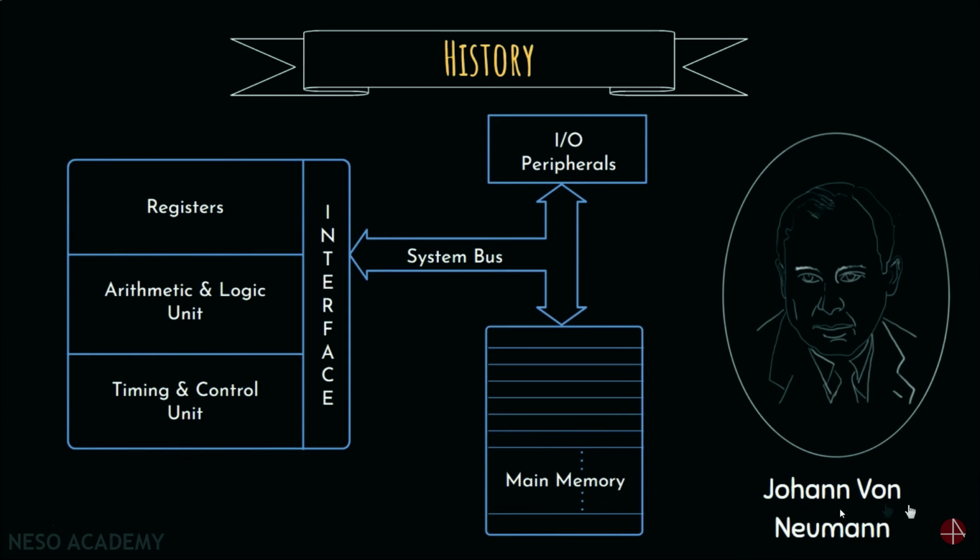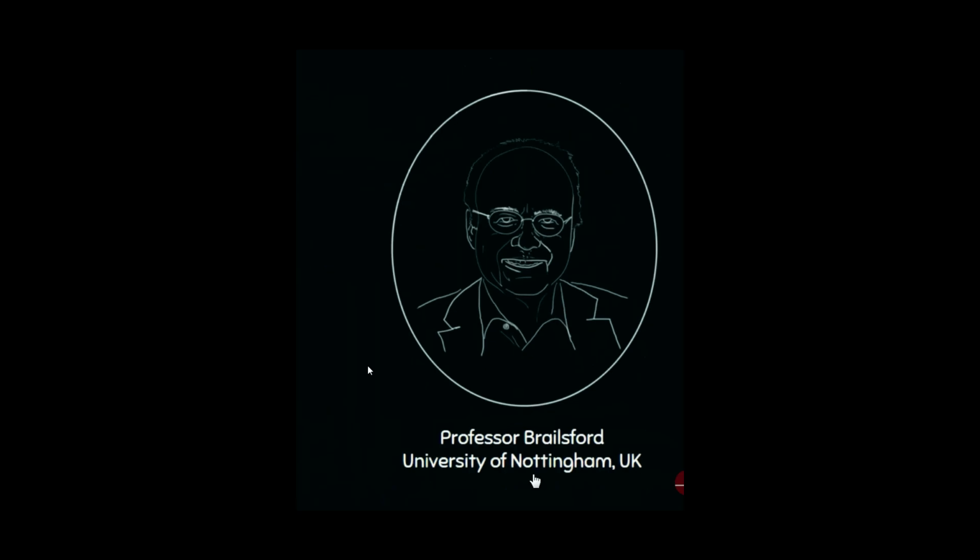This is called von Neumann architecture. The system bus connects main memory, registers, arithmetic logic unit, and time and control unit, and we'll have an interface to connect all those together.